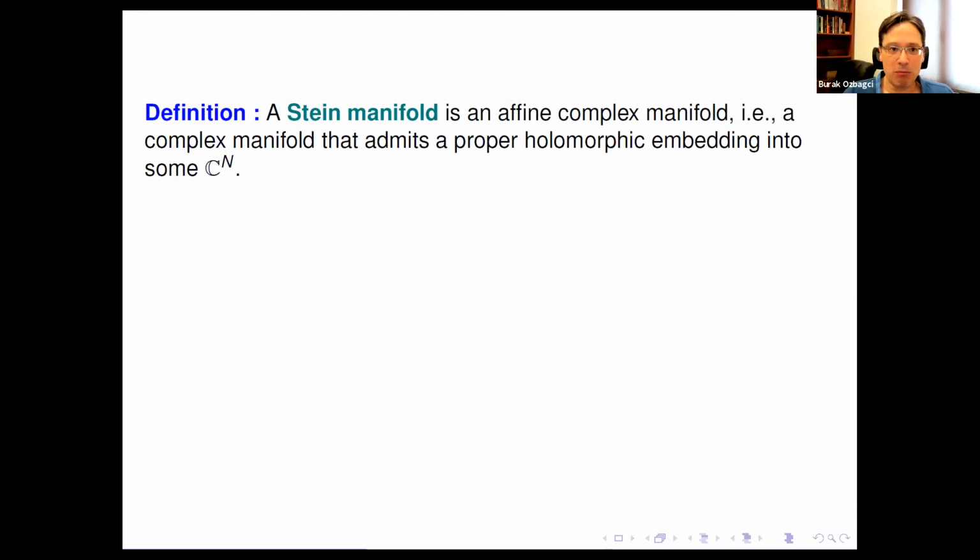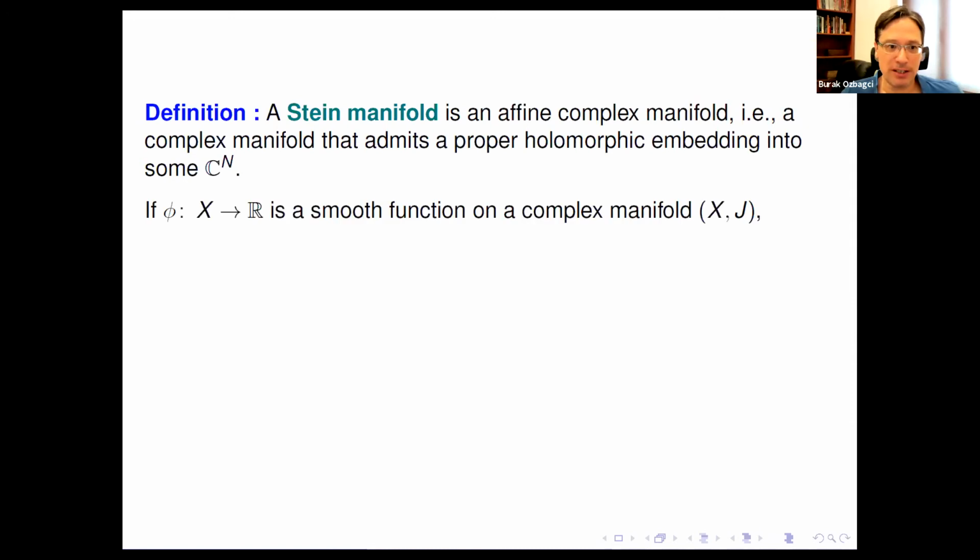There is a characterization using Morse functions on complex manifolds due to Grauert. So let me explain that characterization. But before, I need to say a few more definitions.